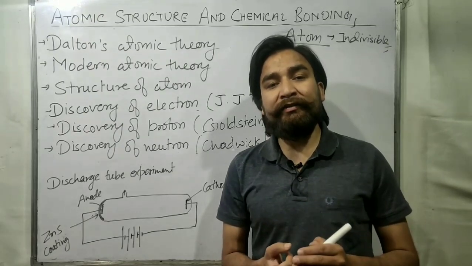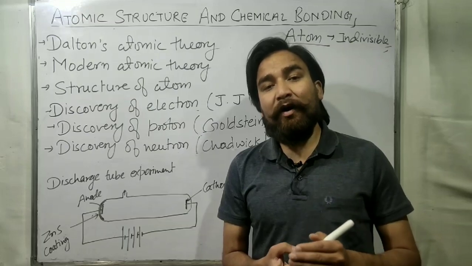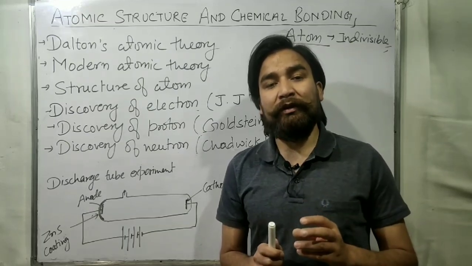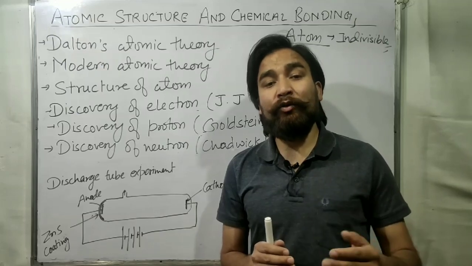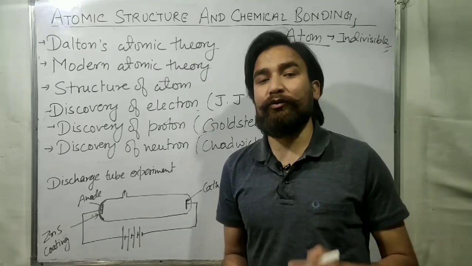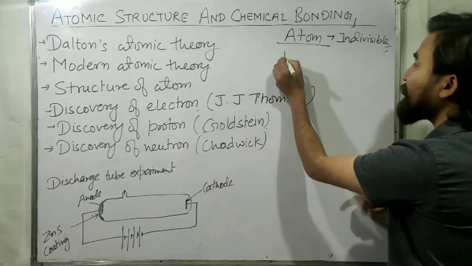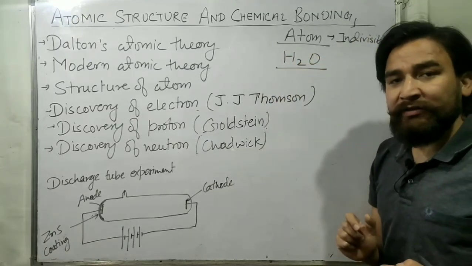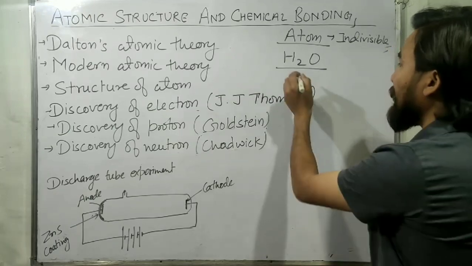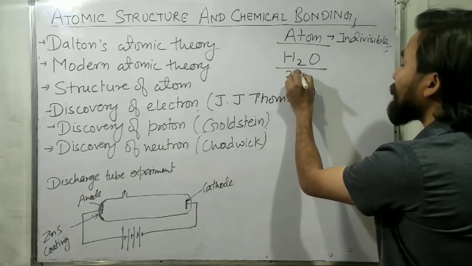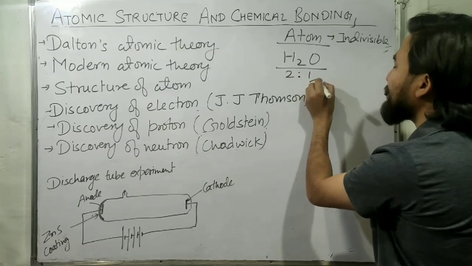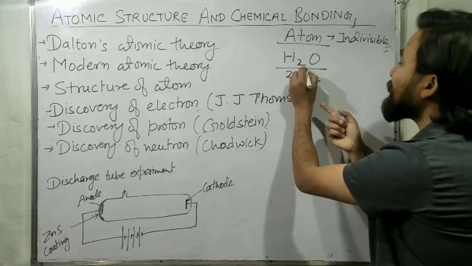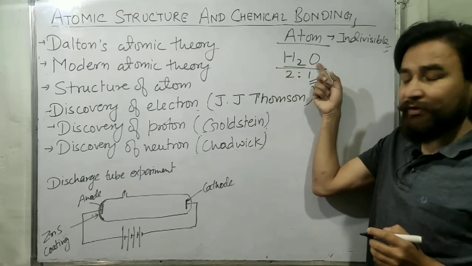The next point is the atoms of same or different elements combine together to form molecules, and they do so in a simple whole number ratio. For example, if we talk about the molecule of water, the formula of the water is H2O. Now the ratio of hydrogen and oxygen atoms in H2O molecule is 2:1 because there are two atoms of hydrogen and one atom of oxygen.